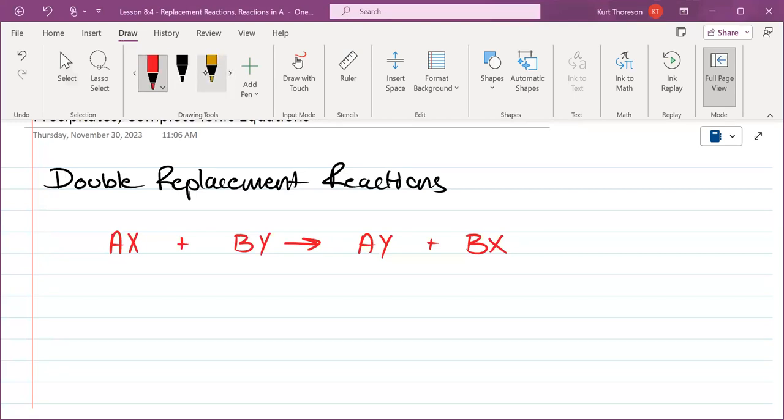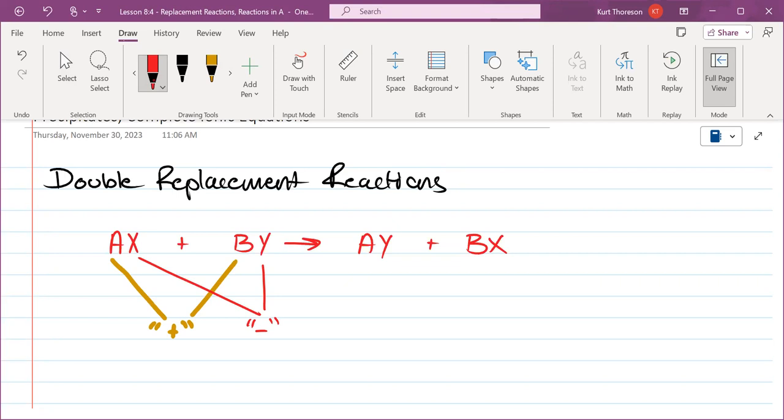Now, this next part is going to be very important, everybody. A and B are positively charged. So X and Y are negatively charged. You notice that they just switch partners. You must be sure that you have a cation with an anion every single time. You can't have negative to negative.